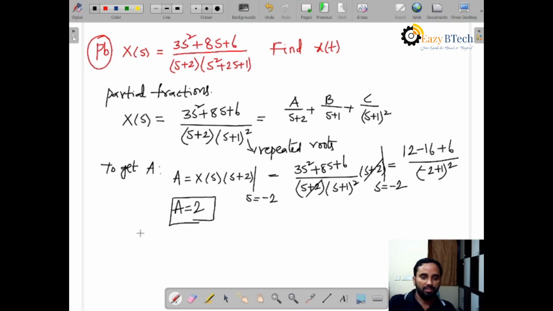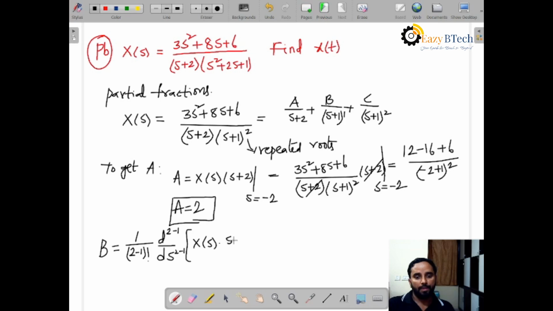So to get the b value, this is important. To get the b value, 1 by (2 minus 1) factorial, d by ds of, differentiation of power 2 minus 1, of x of s multiplied by (s plus 1) whole square.